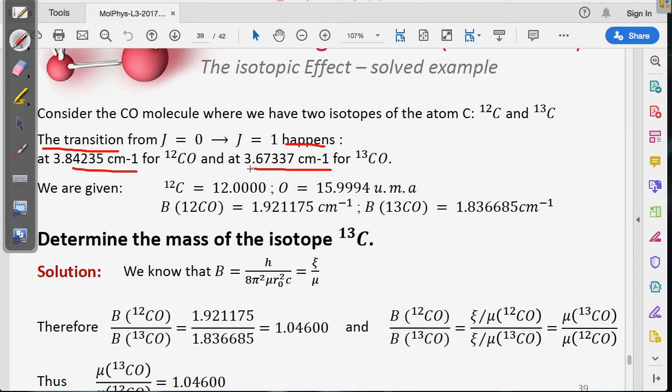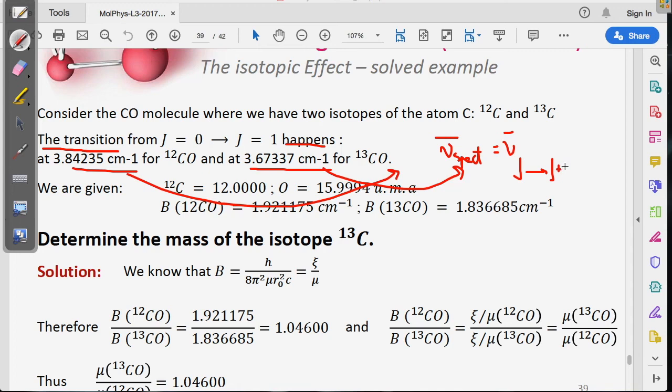So basically, these centimeter minus 1 values are the nu bar that I mentioned before. This is the line that will show up on the spectrum which comes from a transition. So it's a nu bar of J to J plus 1 if we are in absorption.